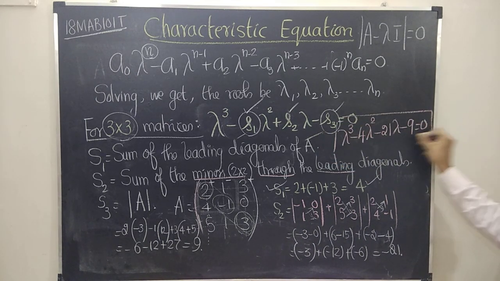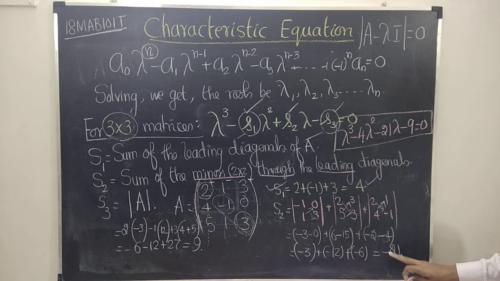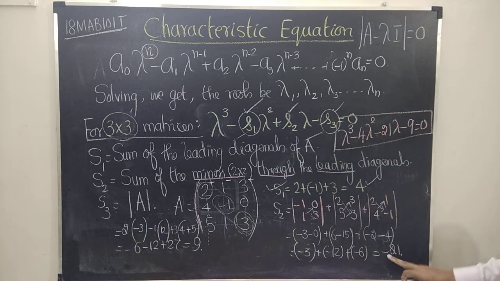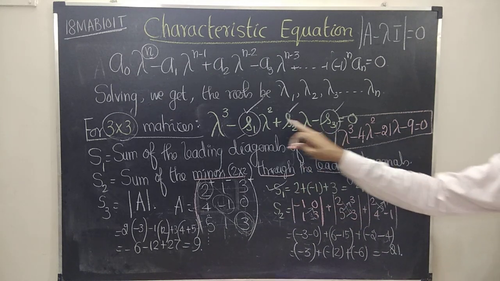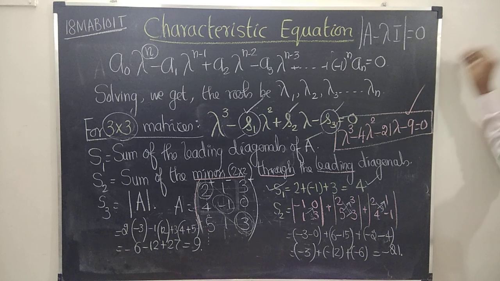Once again, S1 is 4, S2 is minus 21, and S3 is 9. Plus and minus come alternately. So this is the cubic polynomial.